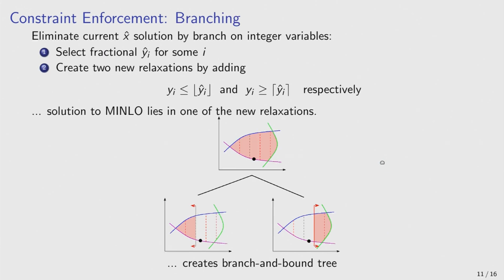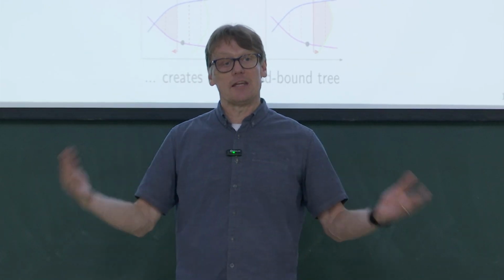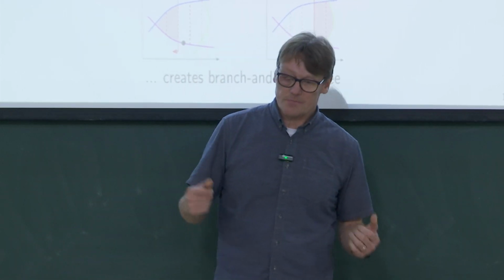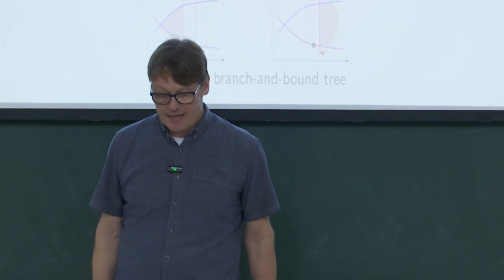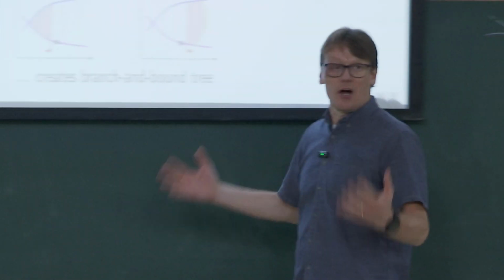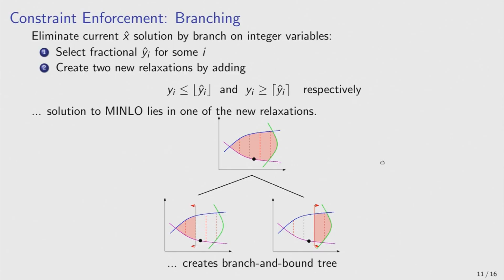There's an alternative way to do constraint enforcement, and that's branching. So branching is something that I do if I have continuous relaxation. So I relax the integrality constraints on my integer variables. So now assume that I solved some relaxation and I found that my solution lies here, which is not integer. It's between these two integers.